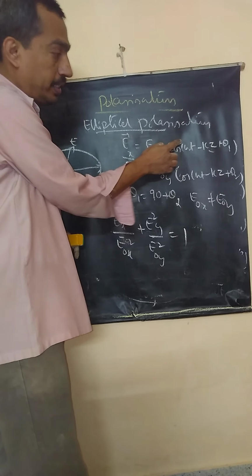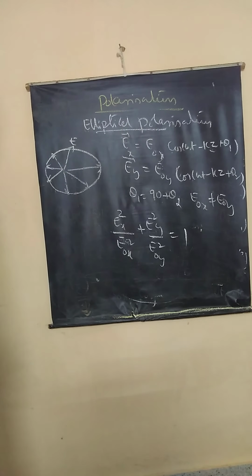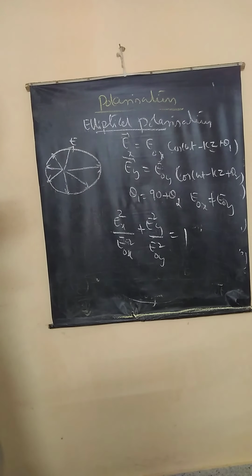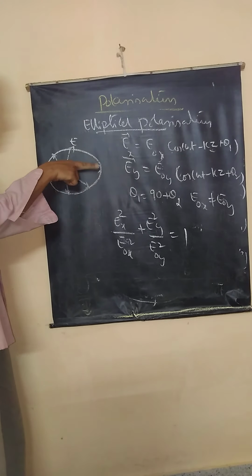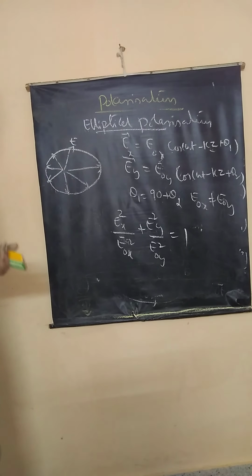Cos of 90 plus theta is sin theta. Sin square theta plus cos square theta is 1. This is the equation for elliptical polarization, correct? The two components are out of phase by 90 degrees, their magnitudes are not equal. So the electric field vector describes an ellipse as the wave propagates. This is known as elliptical polarization.